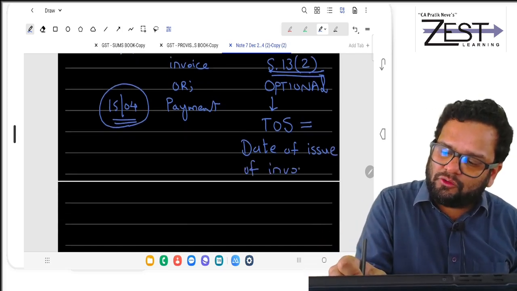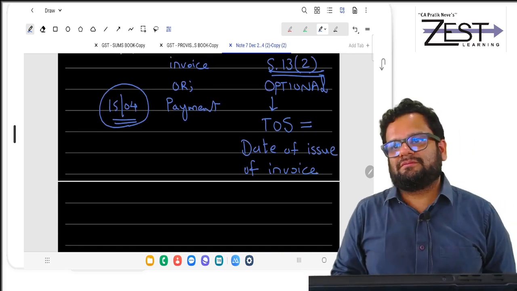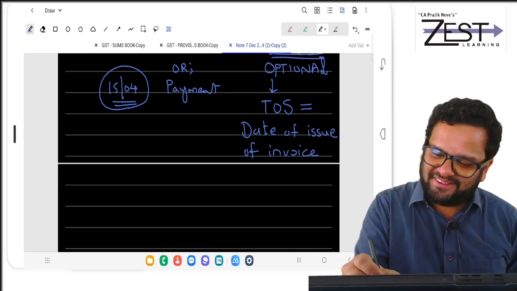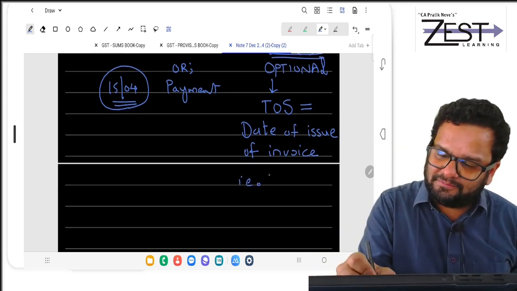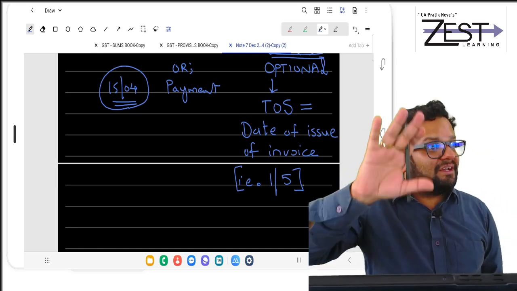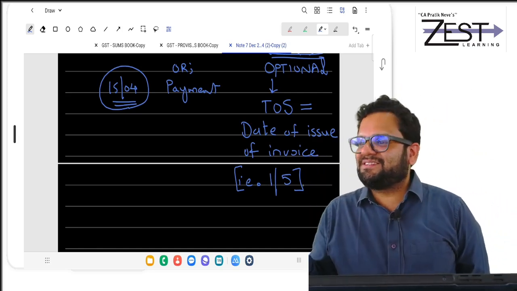Date of issue of invoice. What is the date of issue of invoice? In our example, it is 1st of May. So Airtel doesn't have to take tension of these advances.